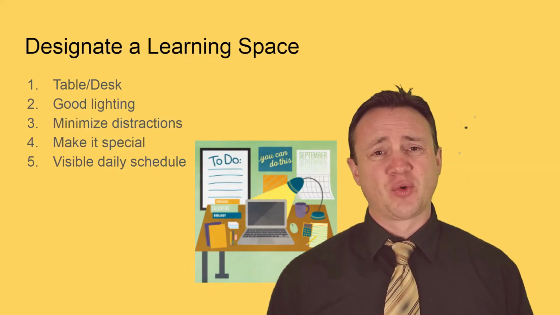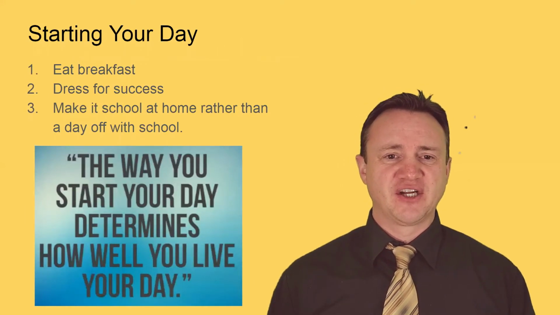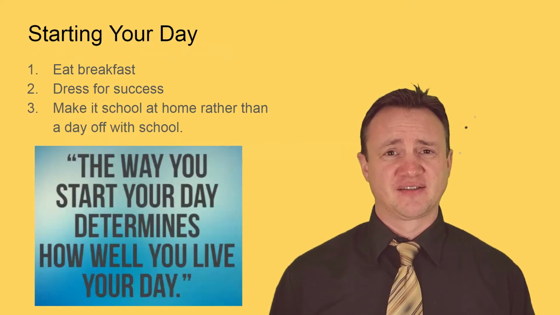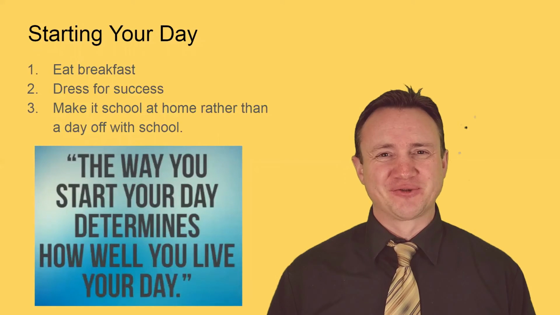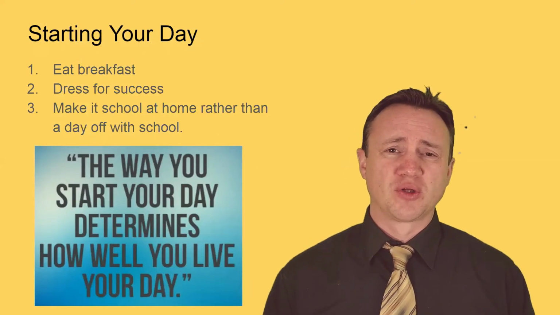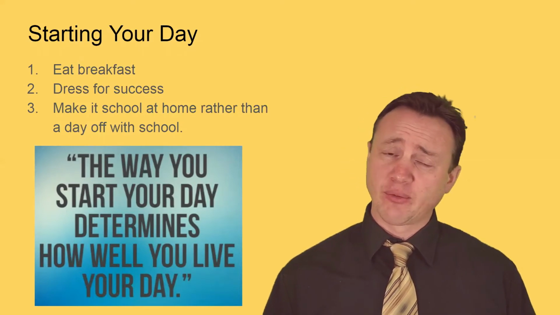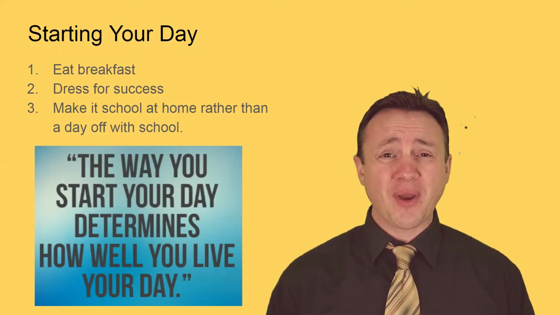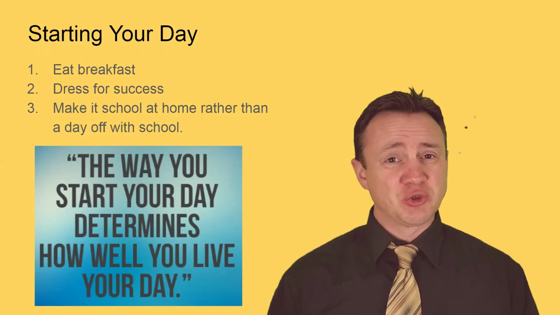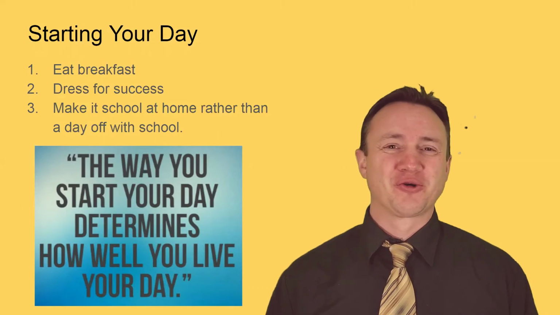The next thing is when you start your day, starting each day, eating breakfast, dress for success. It's great to be able to do school in your PJs. However, we wouldn't do that in our work world. We wouldn't do that at school. Now, occasionally we do have PJ day. Wednesday could be PJ day. It could be a great way to celebrate. Monday, Tuesday, and Wednesday we're going to have a little assembly and we get to go to school in our PJs.